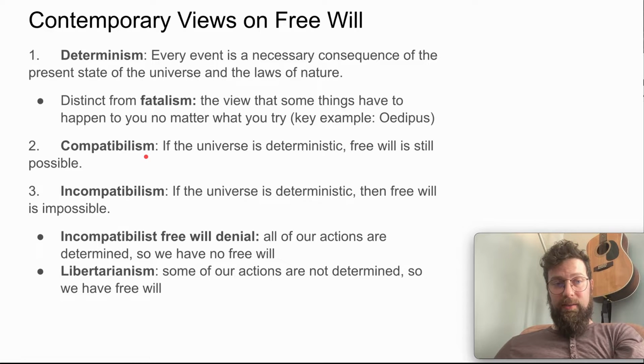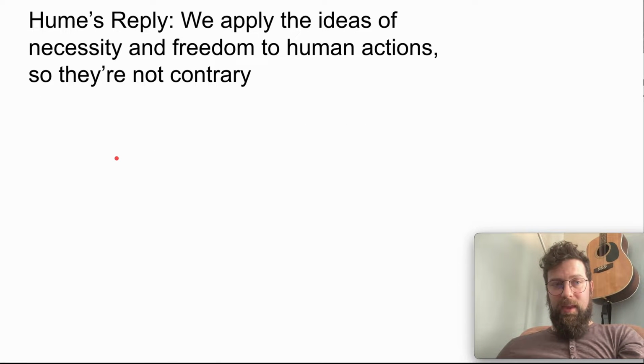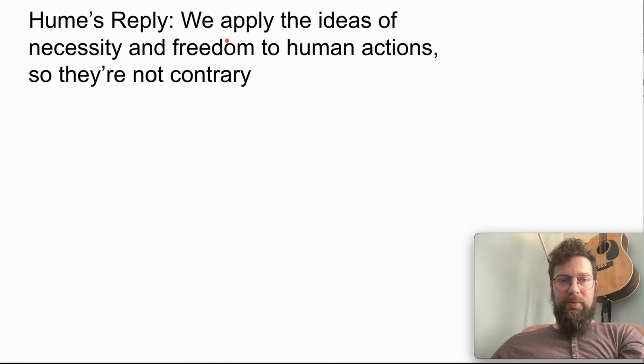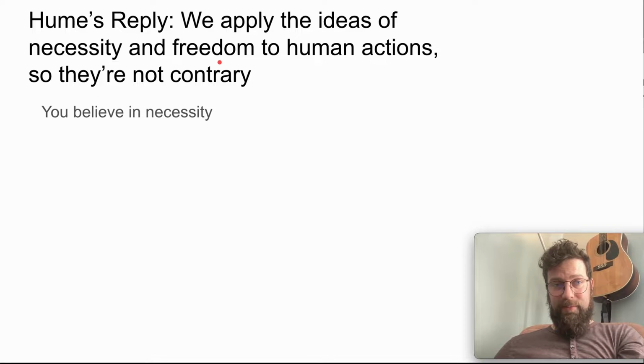And Hume, unlike d'Holbach, is going to say that we can talk about freedom of action, and not only do we believe in necessity and laws of nature, but you also believe in freedom in human actions.